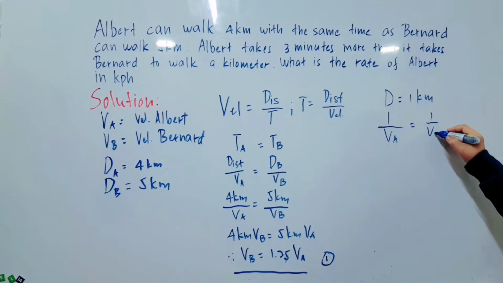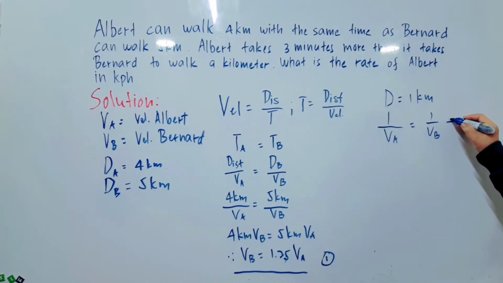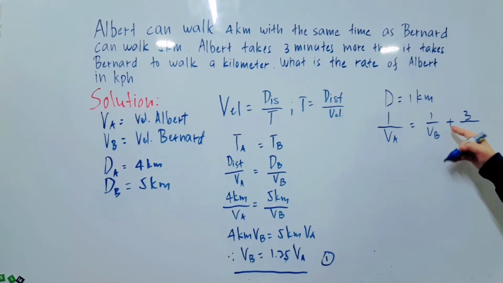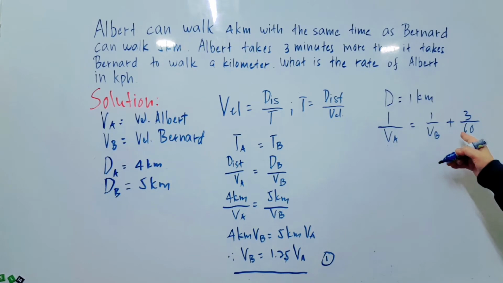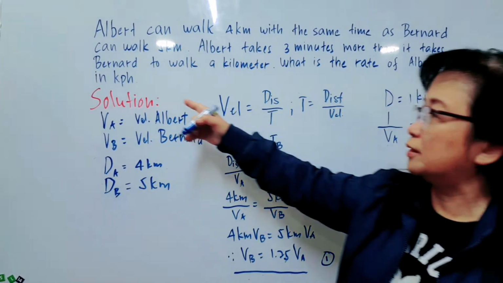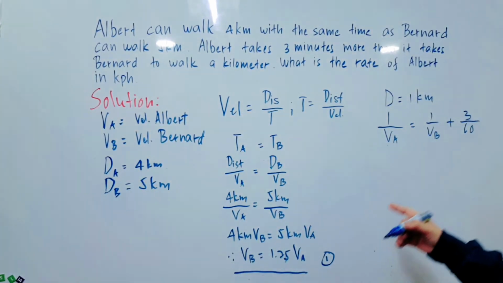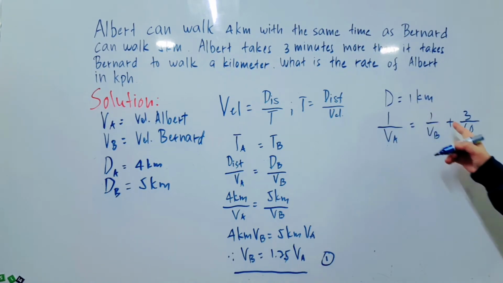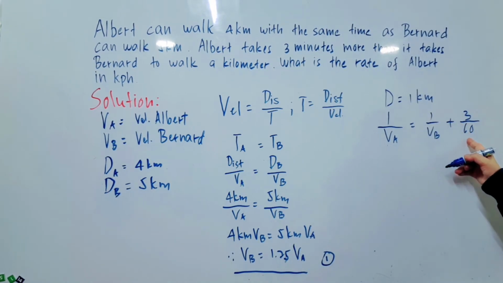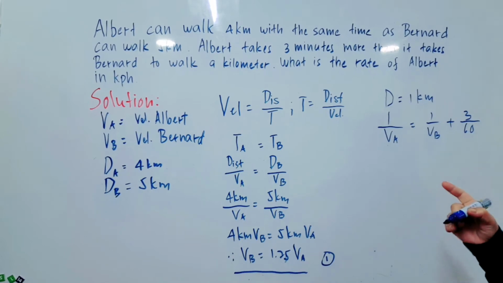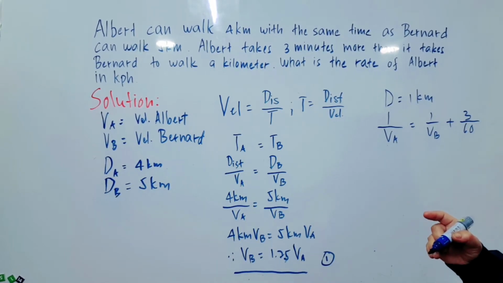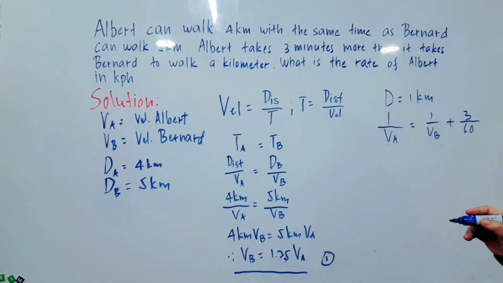So the time is equal to 3 minutes more, divided by 60 because we need it per hour. We're looking here for kilometers per hour. Our distance is in kilometers, so we have to convert 3 minutes to hours, so we divide it by 60.